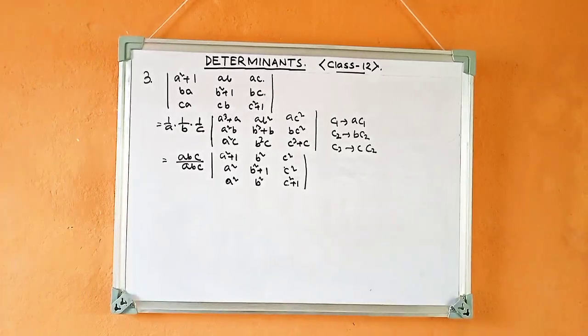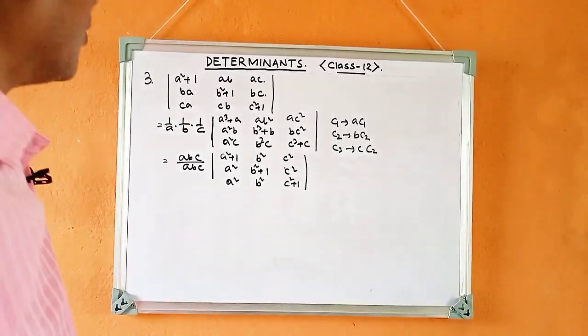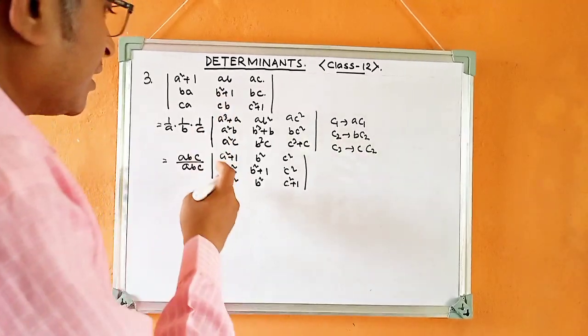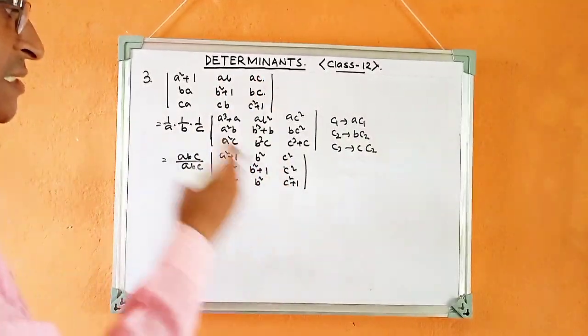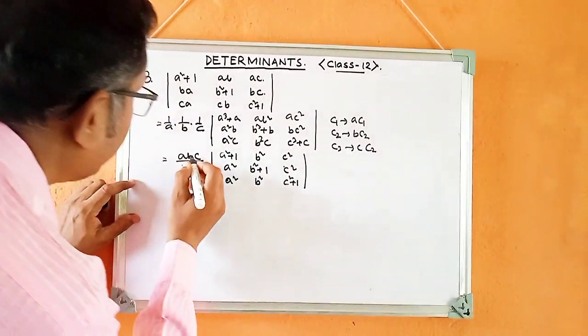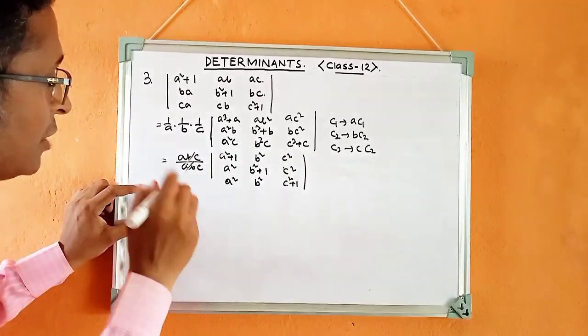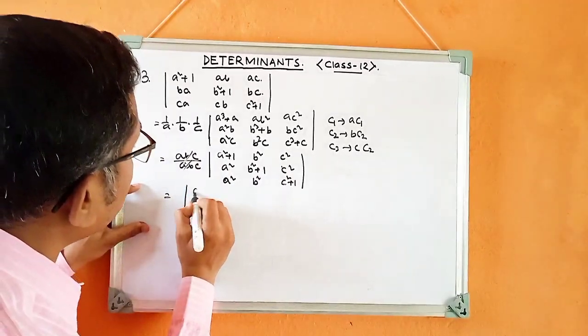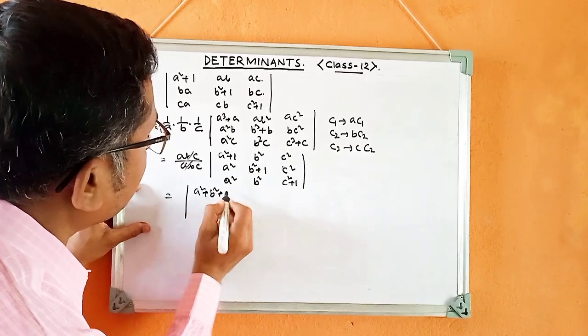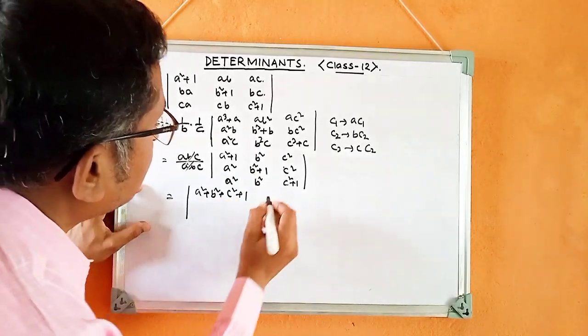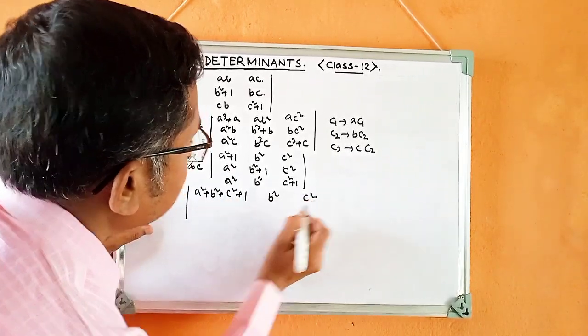Now we do C1 equal to C1 plus C2 plus C3. So ABC cancel. So the first column becomes A square plus B square plus C square plus 1, then B square, then C square.